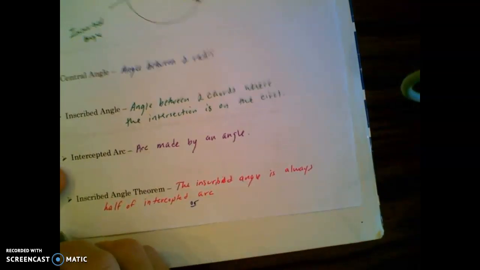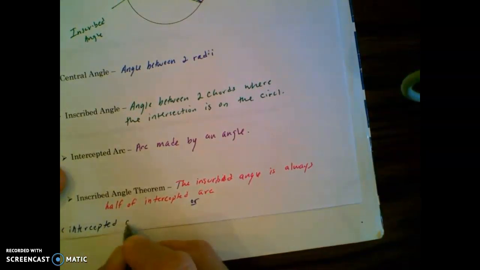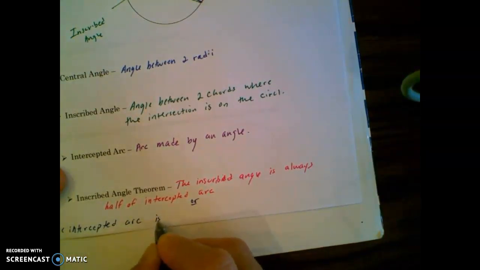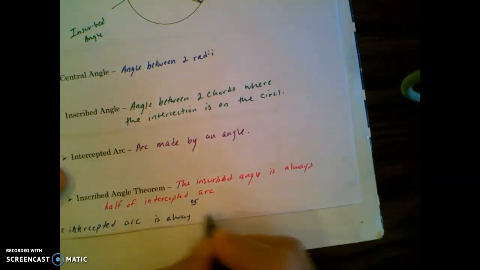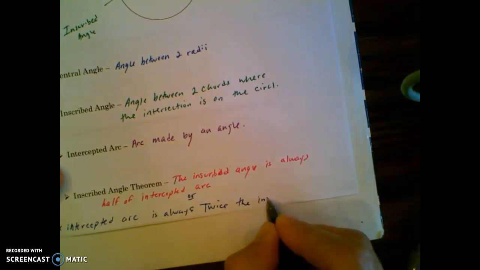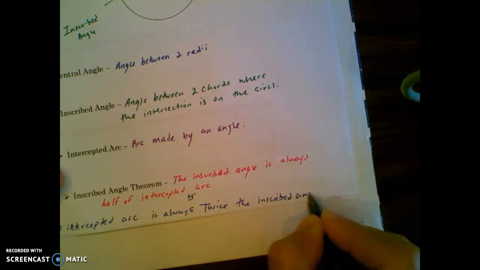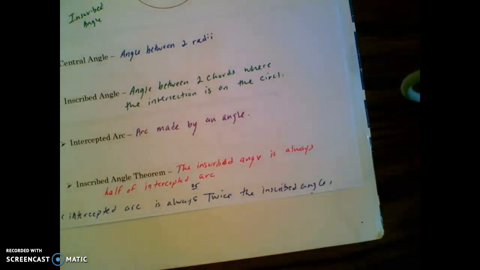You could say the intercepted arc is always twice the inscribed angle. So it depends on how you look at it.